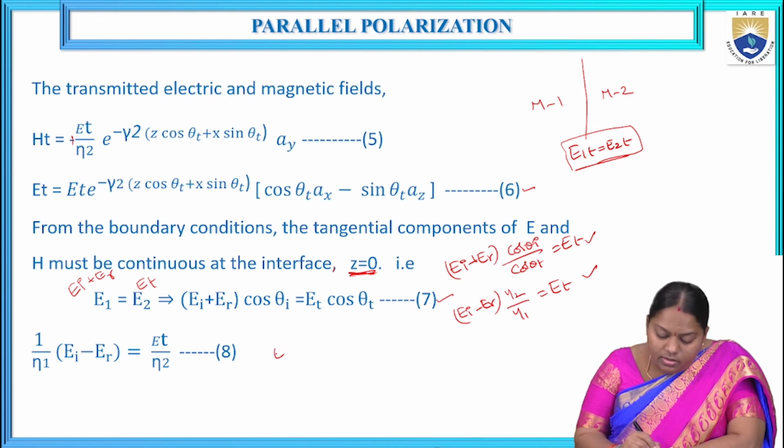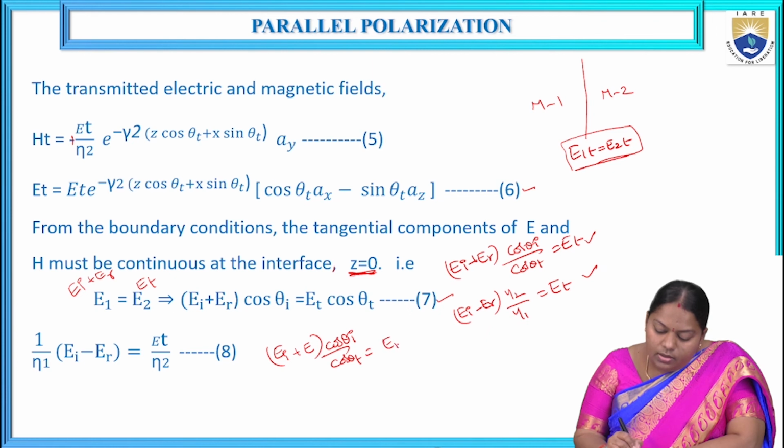Now simplify this equation: EI plus ER into cos theta I by cos theta T equal to EI minus ER into eta 2 by eta 1.